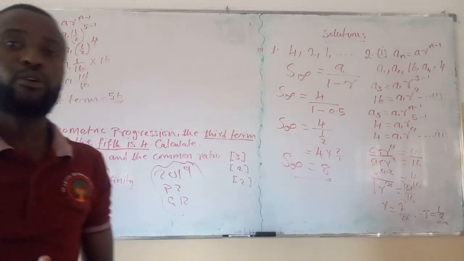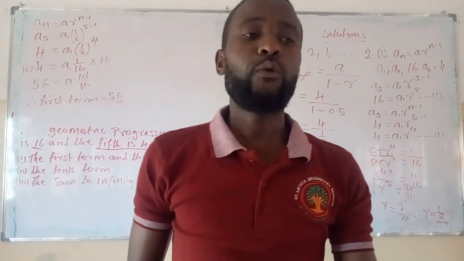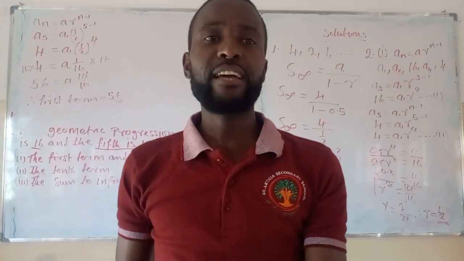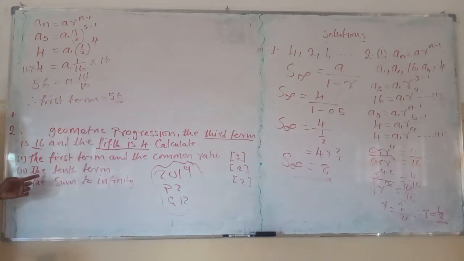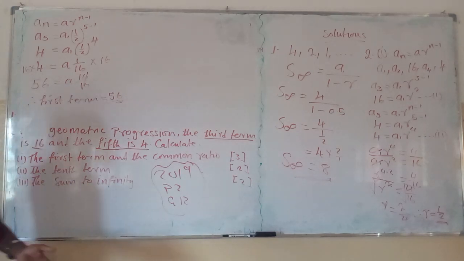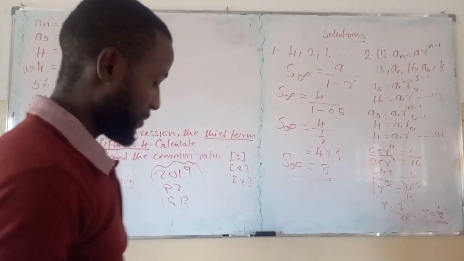So now that you know what your first term is, you can go ahead and find the 10th term, or whatever term, or the sum to infinity. It will be easy for you now because you know the first term.